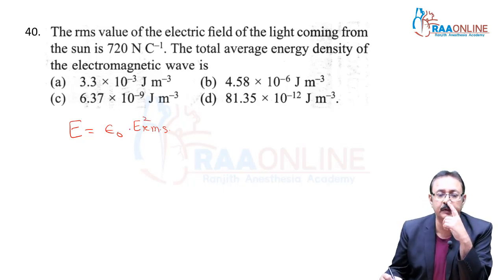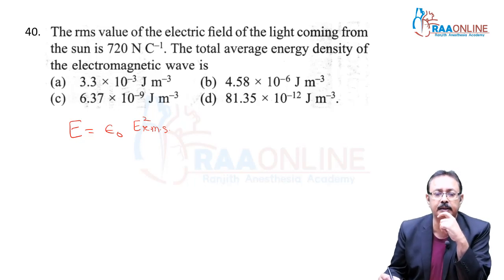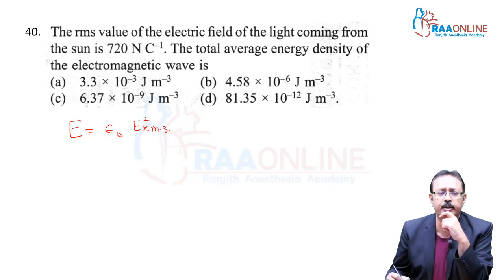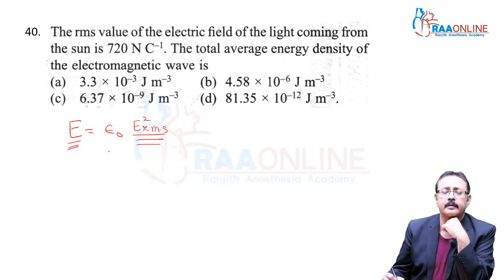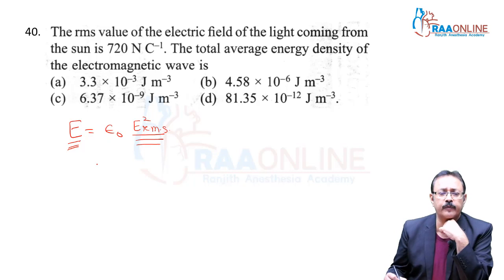It is E is equal to epsilon naught into E RMS square. It is the relation between the average energy density and the RMS value of the electric field.